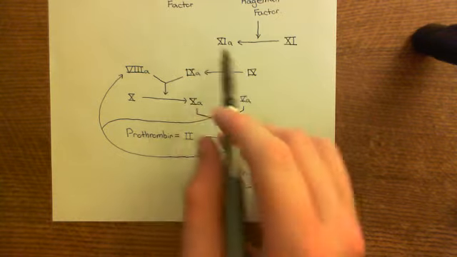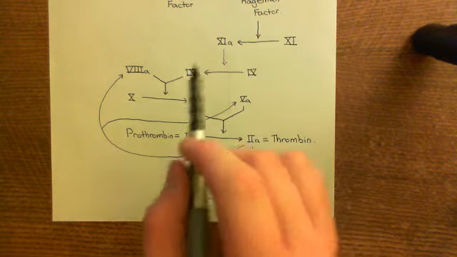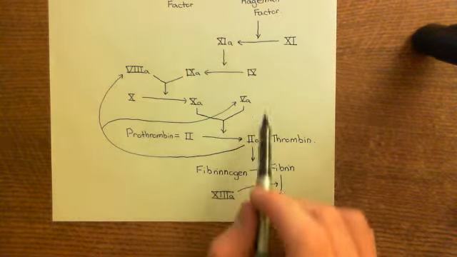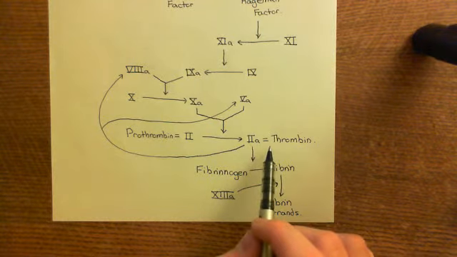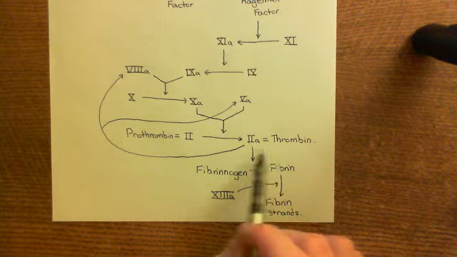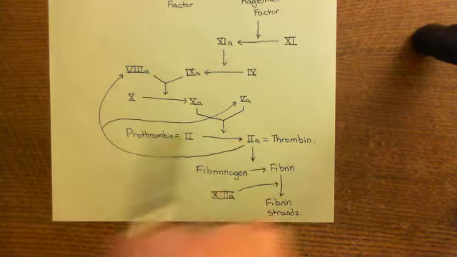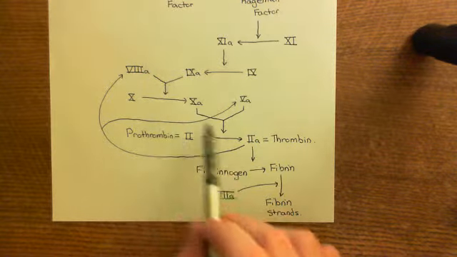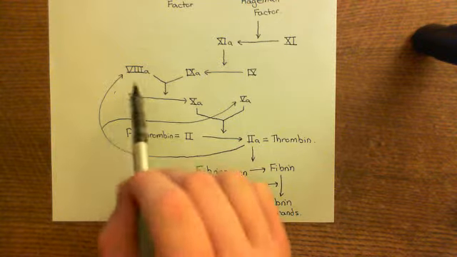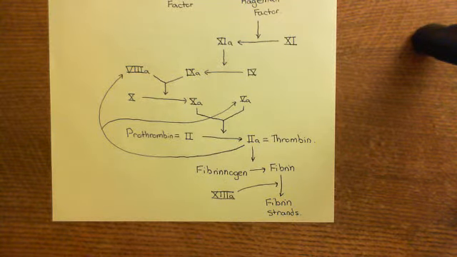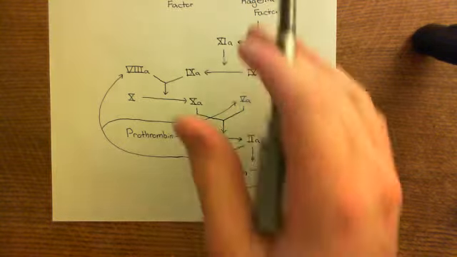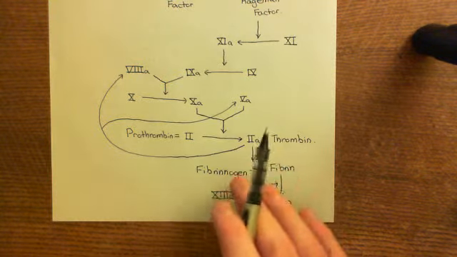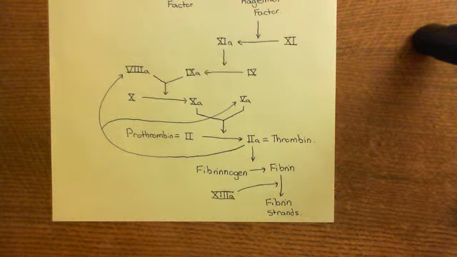So it's going to have a positive feedback effect, because once you've had a little bit of thrombin produced, it will lead to the production of 8A and 5A, which before were limiting this process. Now those levels are going to go up, and that's going to lead to this process occurring much faster, and you'll get much more thrombin being produced.